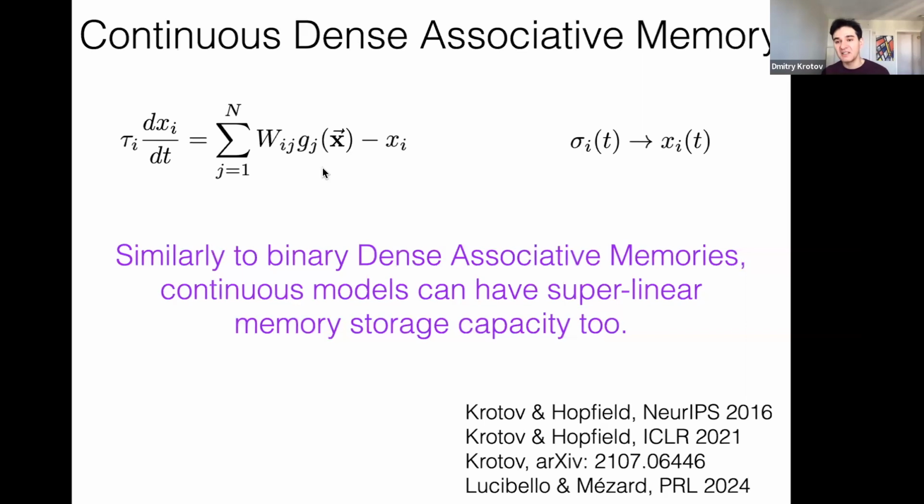We can study the capacity of these networks, and the capacity can also be made exponential. And there is a very nice theory of how one can design Lyapunov functions, dynamical equations that lead to minimization of those Lyapunov functions, and quite sophisticated architectures in this class of continuous dense associative memories.